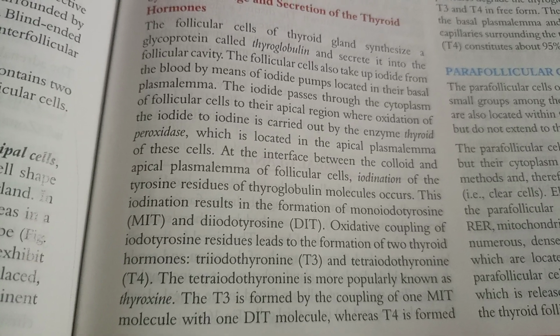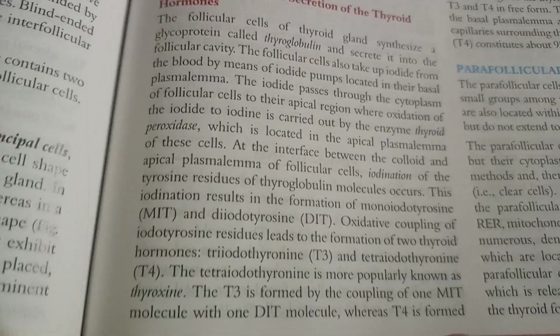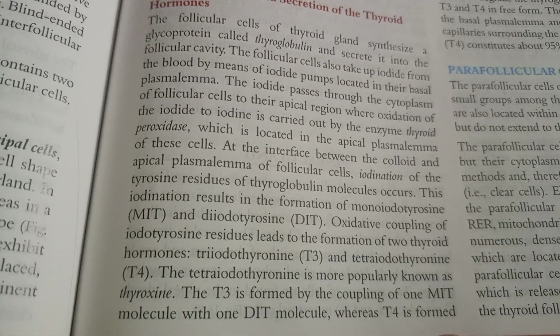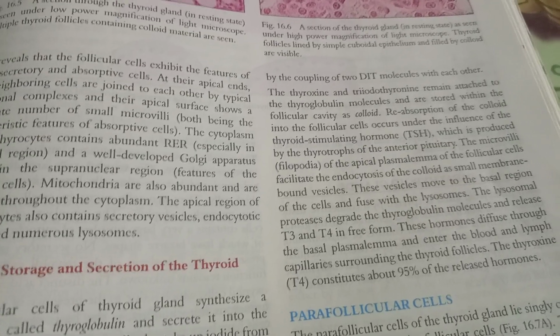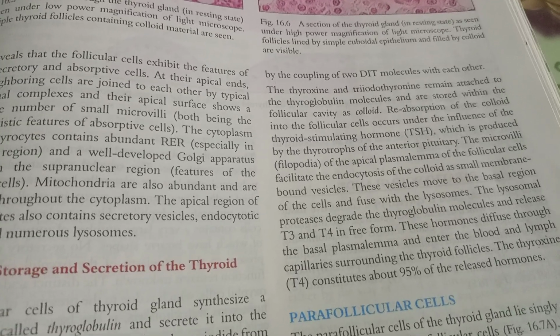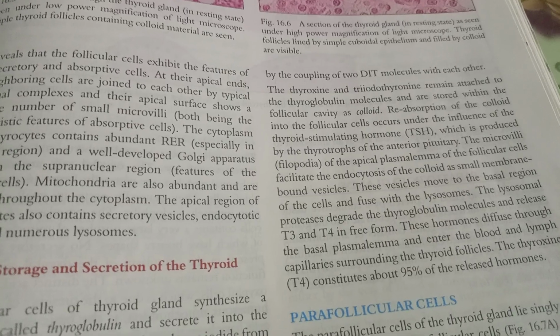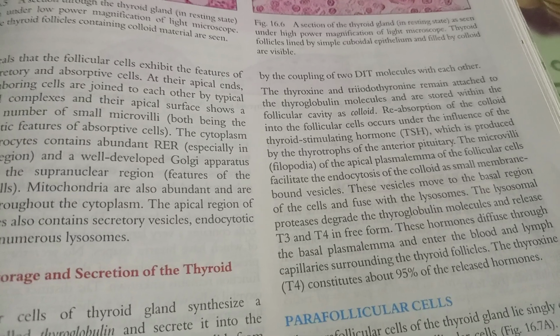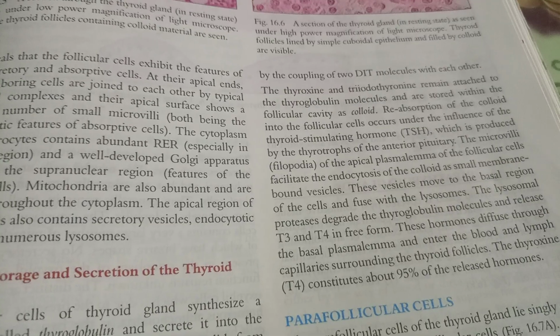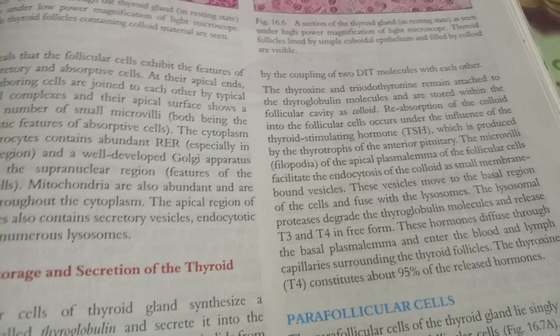T3 is formed by coupling of one MIT molecule with one DIT molecule, whereas T4 is formed by coupling of two DIT molecules with each other. The thyroxine and triiodothyronine remain attached to the thyroglobulin molecule and are stored in the follicular cavity as colloid.